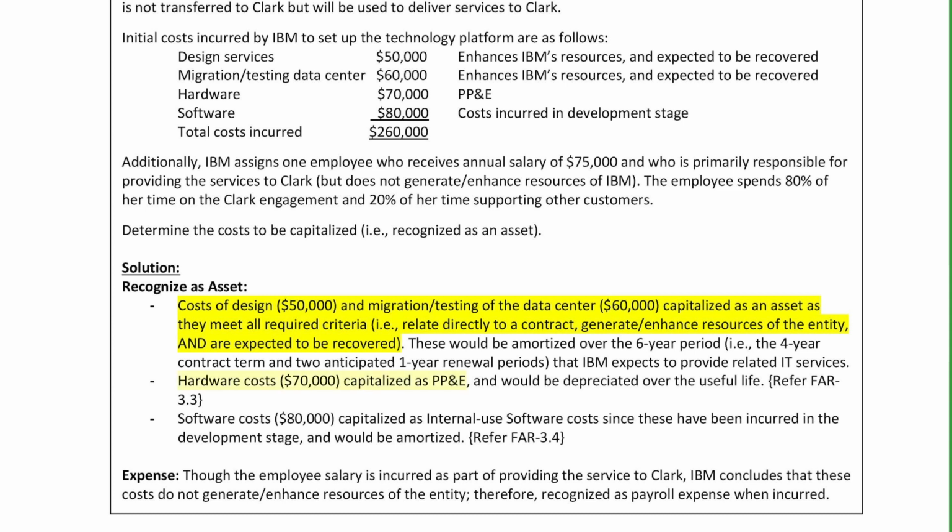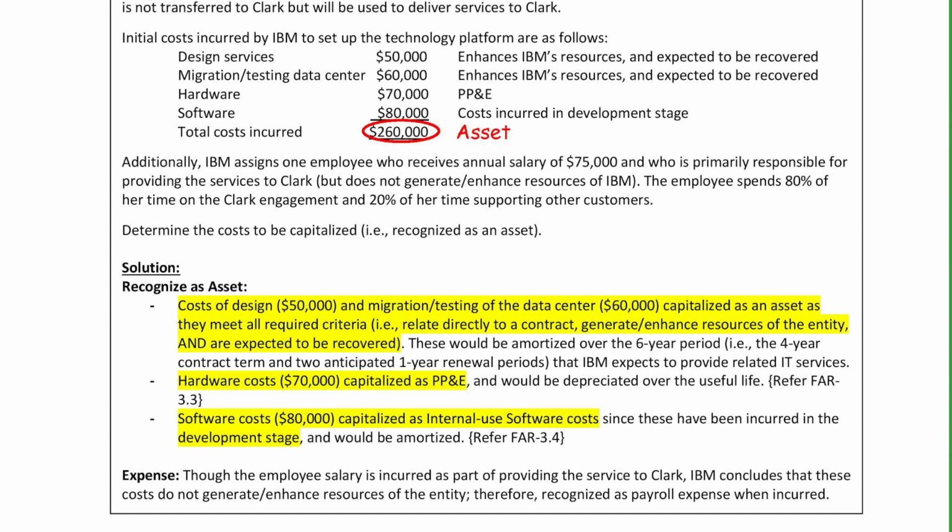Highlight hardware costs, $70,000, are capitalized as PP&E, or property, plant and equipment. Highlight software costs of $80,000 are capitalized as internal use software costs, since these have been incurred in the highlight development stage, and these would be amortized. So put a circle around the entire $260,000 and all of it is capitalized as an asset.